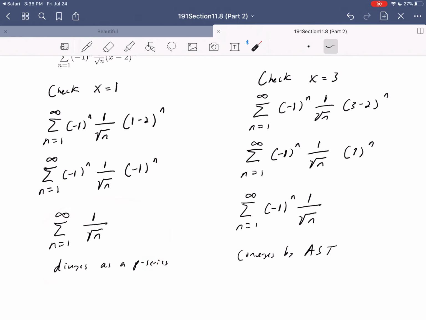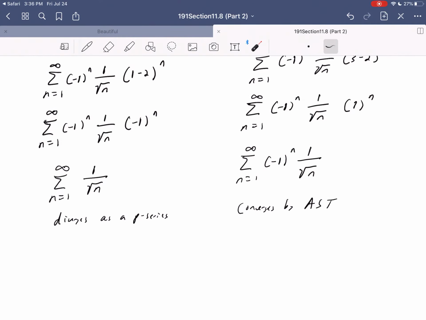But remember, we're just interested in convergence or divergence here. We don't care what type of convergence for power series. So this does converge by AST. That tells us our interval of convergence here is from 1, not including 1, up to 3, but including 3. So our interval of convergence is from 1 to 3, including the value of 3.